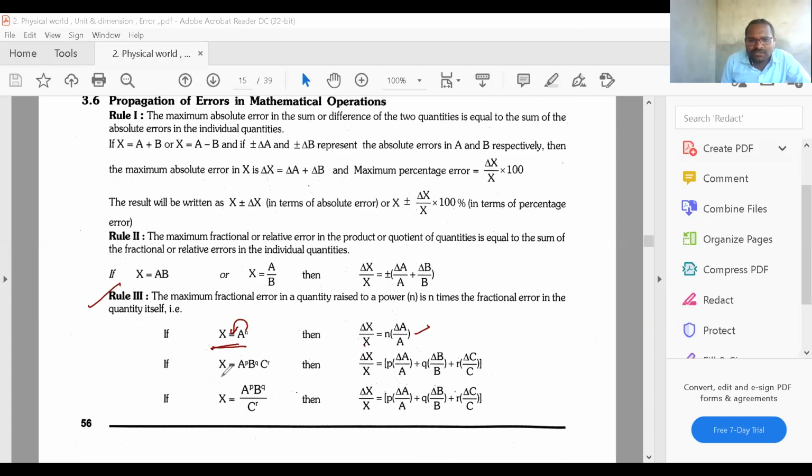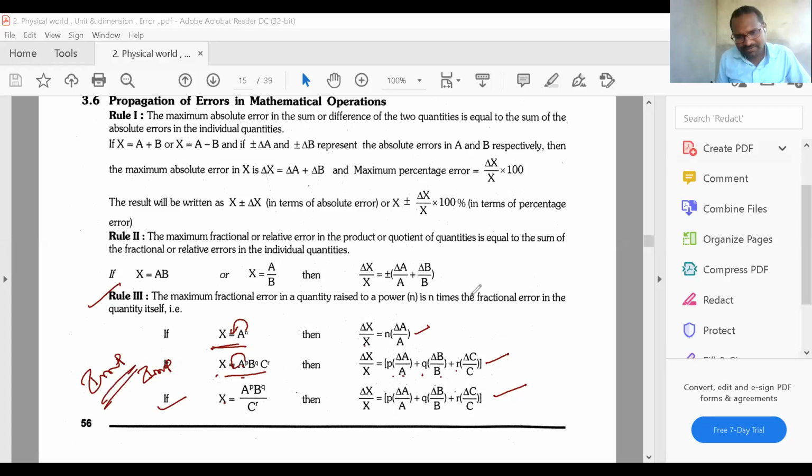Next, when x is equal to a power p, b power q, c power r, then delta x by x can be written as p into delta a by a, plus q into delta b by b, plus r into delta c by c. Very important point, you need to remember this. These 3 formulas are important for you to solve the problems.